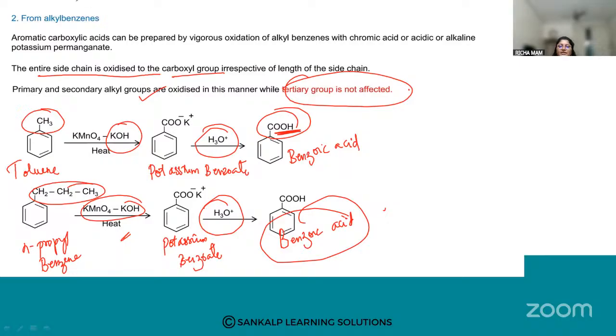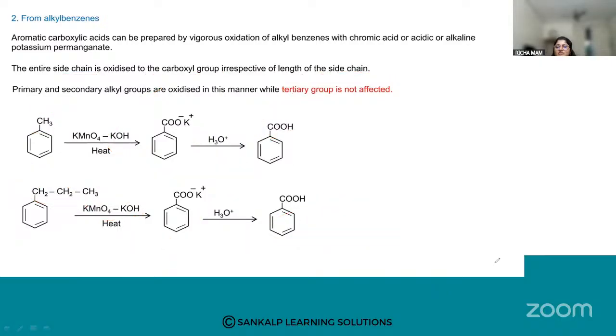Is it clear? So in today's class, what all things have we discussed? We have discussed the reduction methods. Aldehydes or ketones are reduced to alcohols.